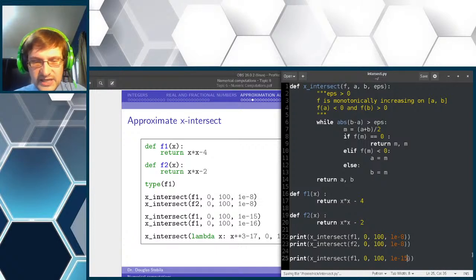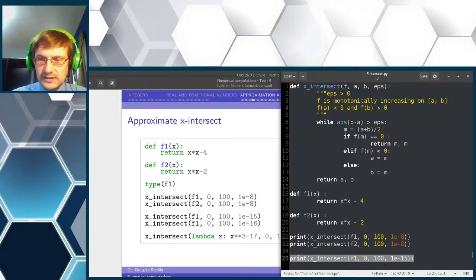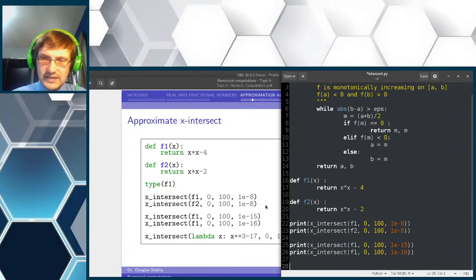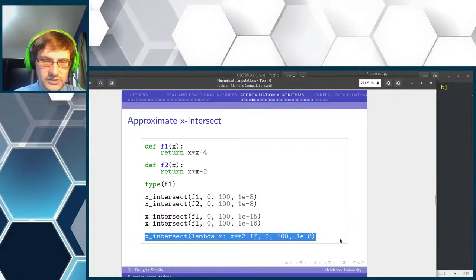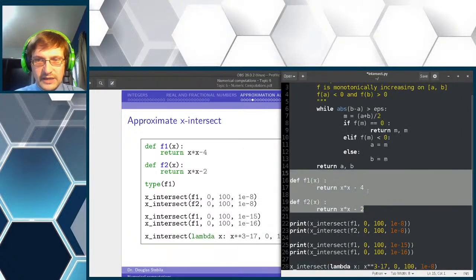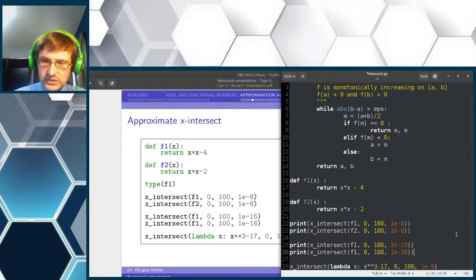Let's try tightening the bound a little bit. Let's see what happens when we ask for a precision of 15 and 16 decimal places. And just for fun, we can also use an anonymous function instead of predefining our f functions.